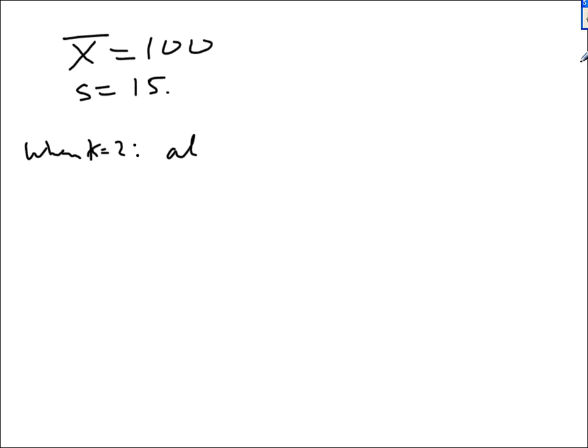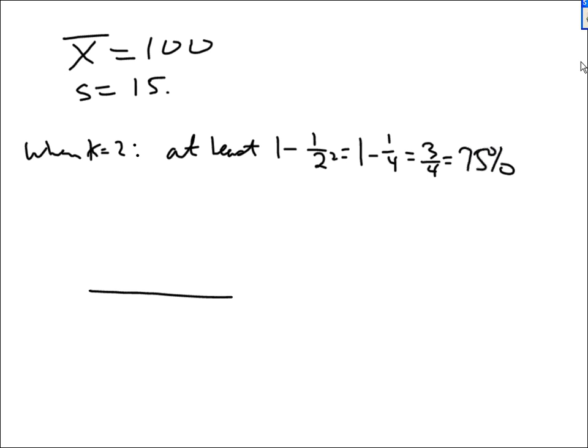You should say that you get at least 1 minus 1 over 2 squared, 1 minus a quarter, which is 3/4, or 75%. That is, at least 75% of the students, for example, lie within 2 standard deviations.